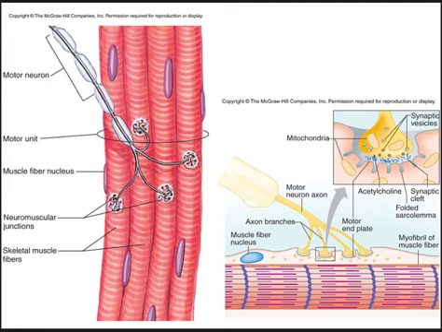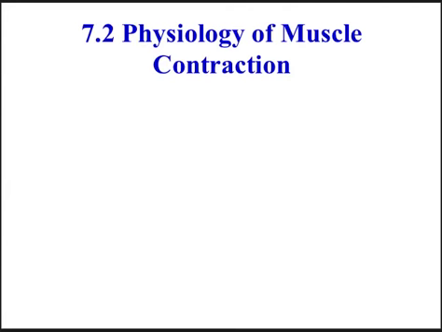So when you look at things like neuromuscular junctions, or when you look at synapses in the nervous system, the fewer of those you have, generally the more rapidly responding that electrical pathway will be. The more of these you have, the slower it will be.